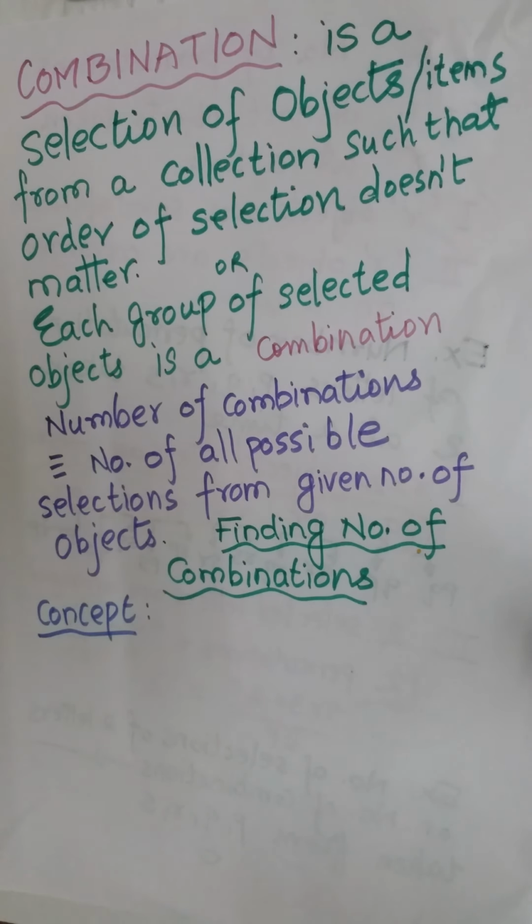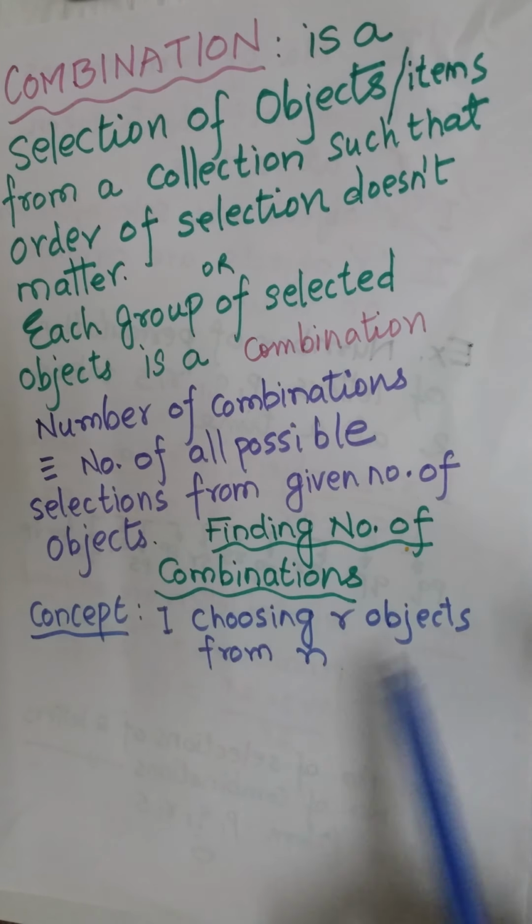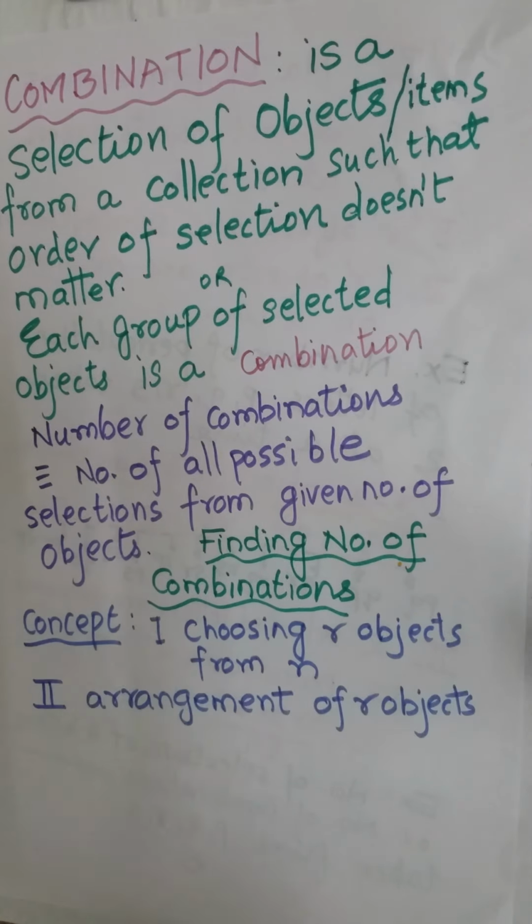So the concept is closely related to how we calculated permutations. Let's see it once again. First is choosing R objects from N, and second is arrangement of R objects, which can be done once R objects are selected. In how many ways can we arrange R objects on a line?